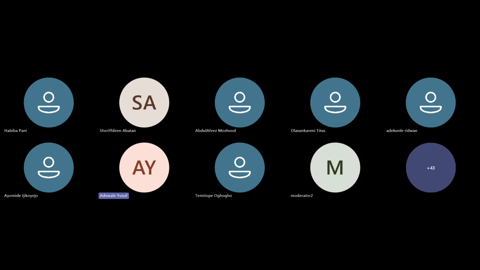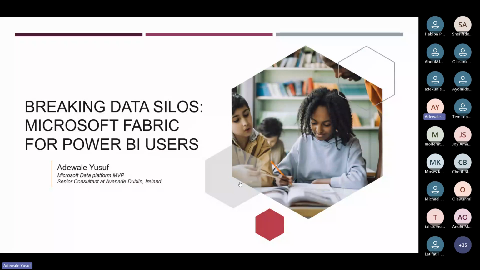I will not be sharing my video today because of my network issues, but I'm sure that you should be able to hear me and then see my slide as well, because I'm sharing it right now. So let me know if you can see my slide right now. Just type in the comment section. Let me know if you can see my slide. Yes, we can now, sir. Okay, so great.